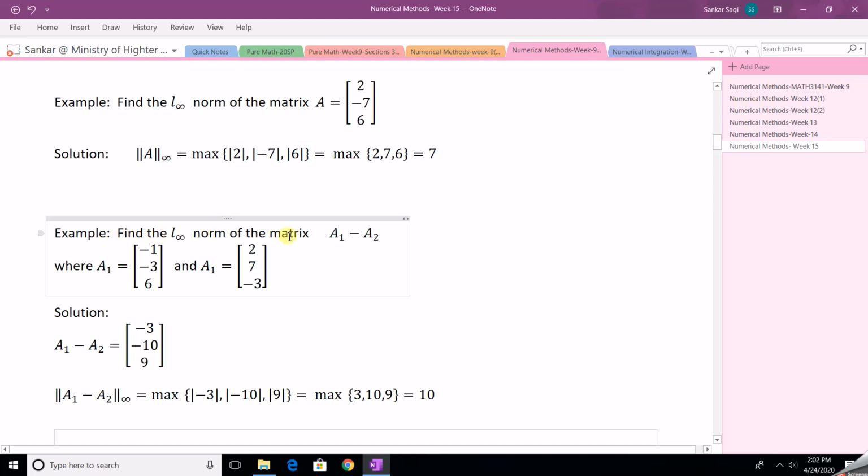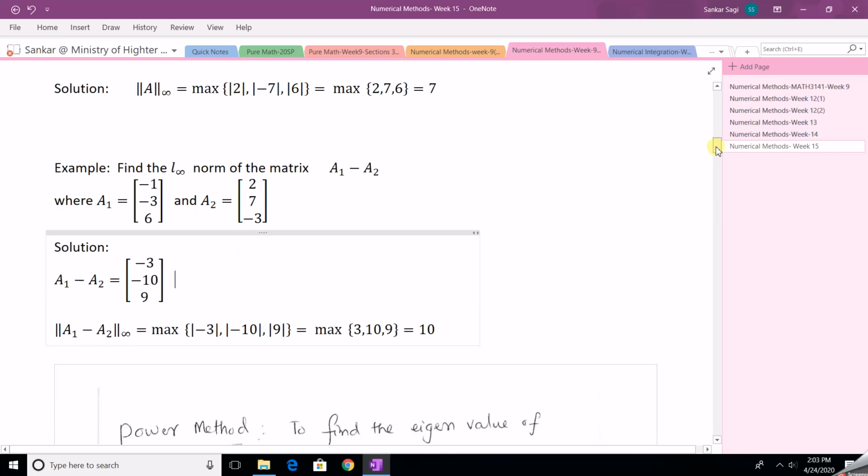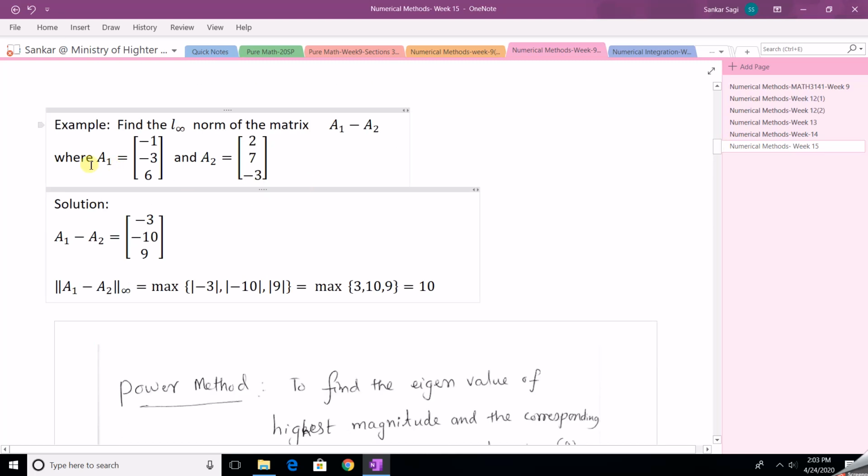Find the L infinity norm of this matrix A1 minus A2, where A1 is minus 1, minus 3, 6 and A2 is 2, 7, minus 3. Just like we did before, we have A1 and A2.